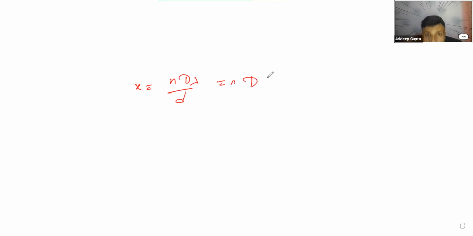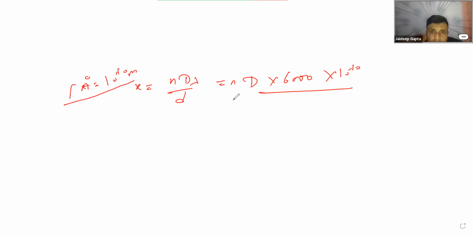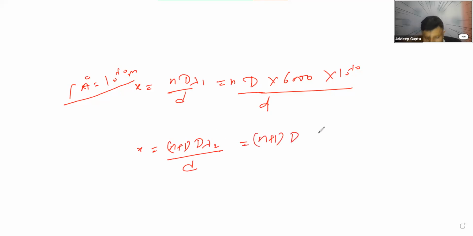Wavelength is 6000 angstrom. We have to change it into meters. 1 angstrom equals 10 to the minus 10 meter. Over d. Now further, the n plus 1 fringe, lambda 2, lambda 1. So n plus 1 D into 5000 into 10 to the minus 10 over d. Now both are equal. Just equate them. You will get the value of n.